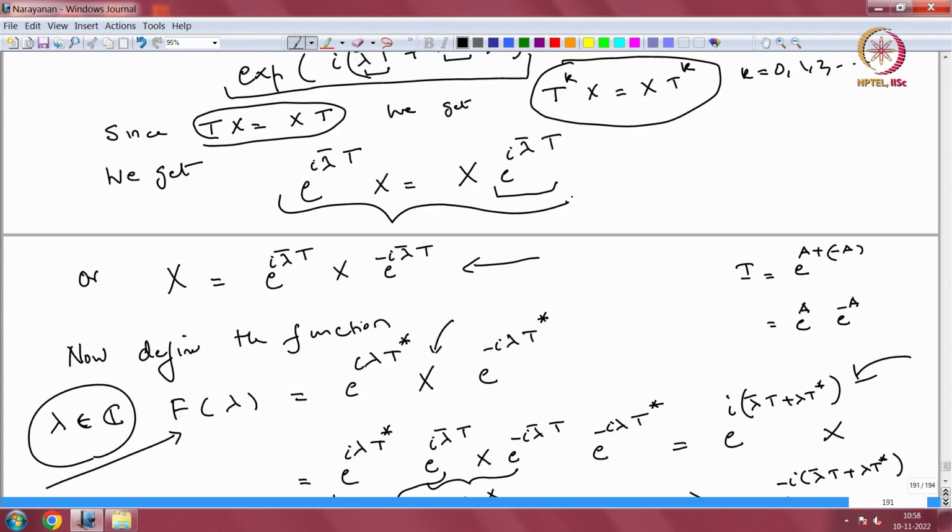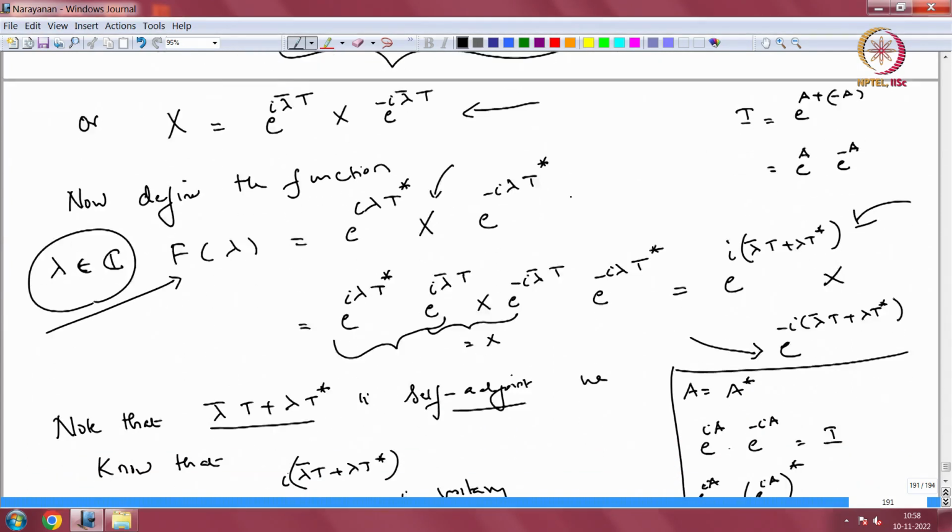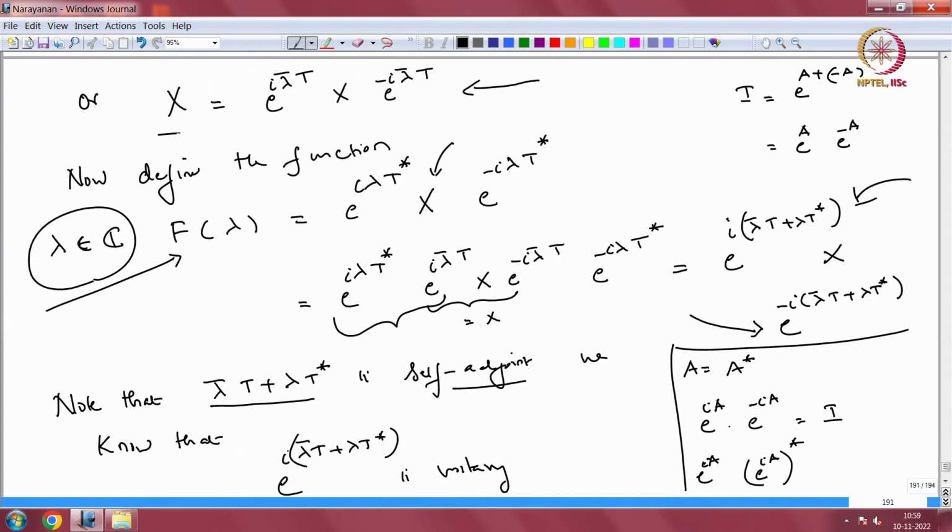So, this is what we had. So, in other words, x will be equal to e to the i lambda bar T times x times e to the minus i lambda bar T.